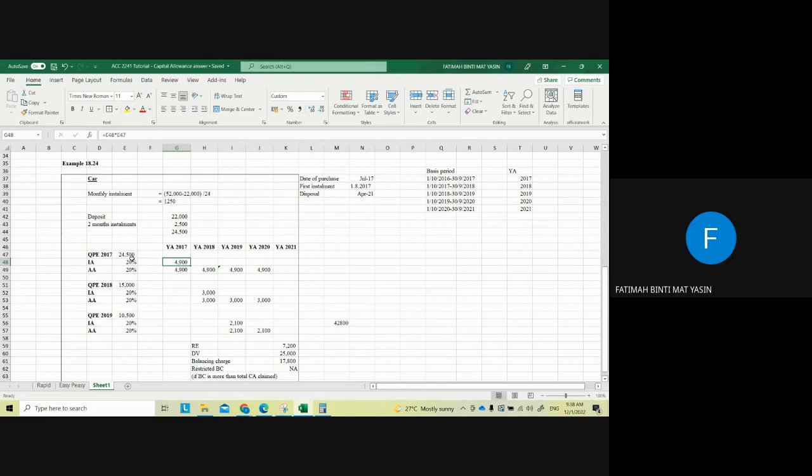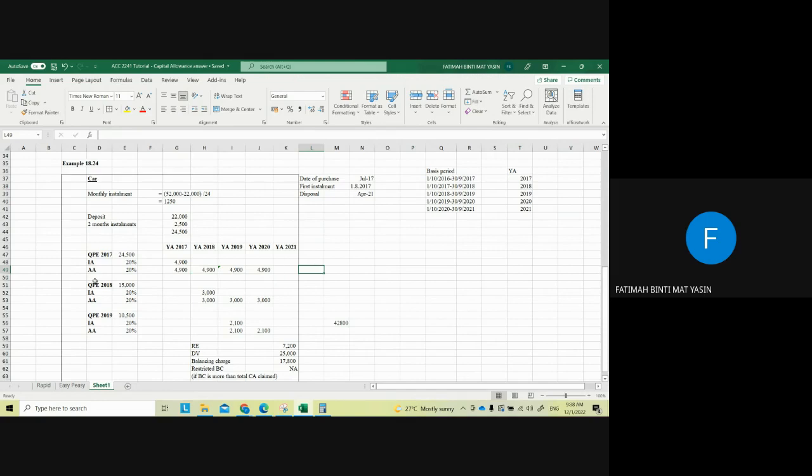For this QPE, the company can also claim the annual allowance for 2018, 2019, and also 2020. There is no capital allowance for 2021 because the company disposed of the asset in 2021, so you don't claim the annual allowance for 2021.